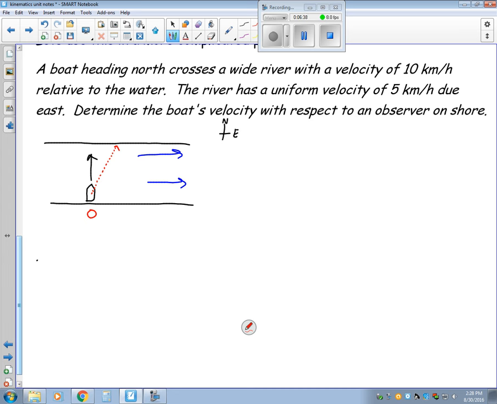Let's set up our equation. The velocity of the boat with respect to the observer is equal to the velocity of the boat with respect to the water plus the velocity of the water with respect to the observer.